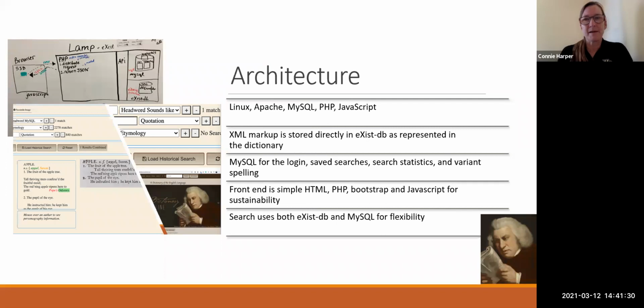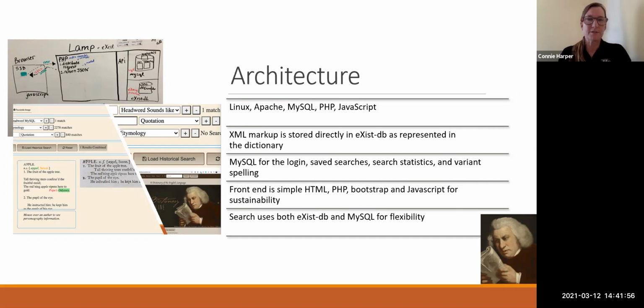The LAMP stack is a standard setup for web applications. We chose a platform and libraries that are easy to maintain. The challenge was to find a database to hold the XML version of the dictionary. We chose ExistDB as our database, primarily because it allows us to store the XML files as they are created.